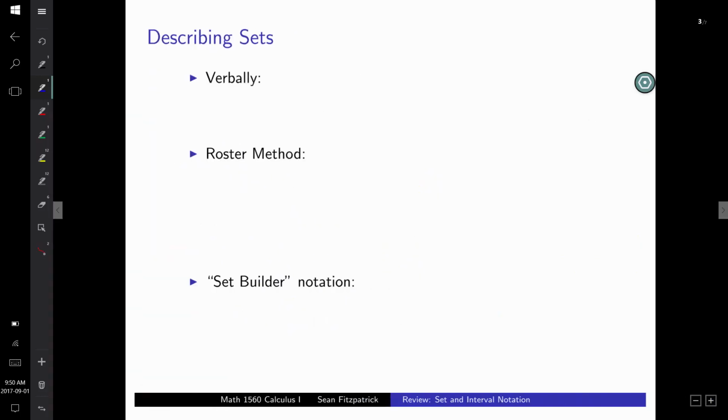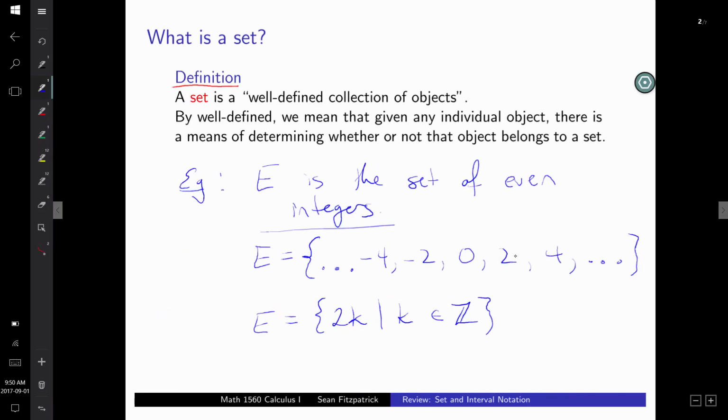Okay, let's speed things up. We just kind of covered it, right? Here's our verbal description. This is often called the roster notation. This is an example, and we'll see many examples like this. This is what's called the set builder notation, right?